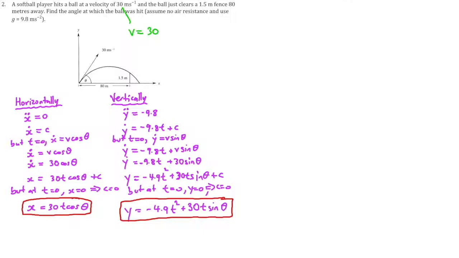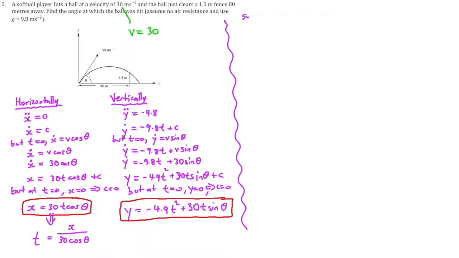Now, I want to look at this one here and rearrange it. From there, I get t equals x over 30 cos theta. So I'm going to substitute this into y to find the Cartesian equation, and you'll see why in a moment. So let's go through this process.